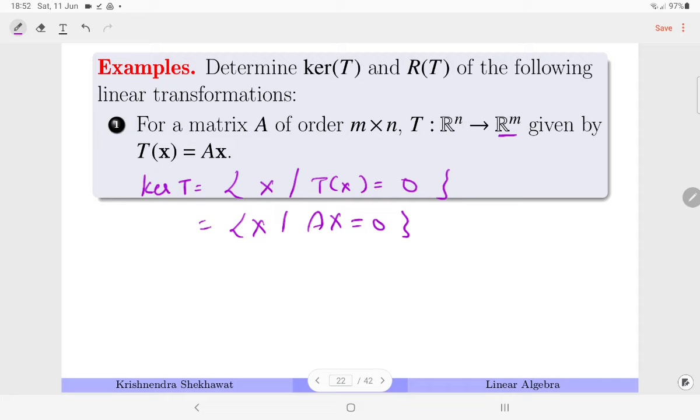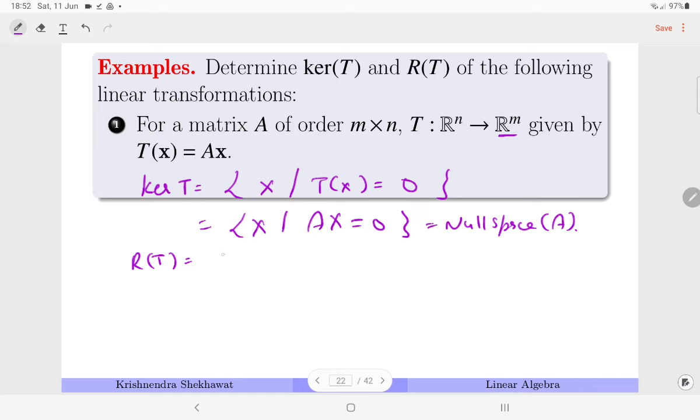Now, if you relate the concept of the column space, row space and null space, then this is the definition of the null space of A. Which means that null space was associated with matrix only, while the kernel T is the generalization of the concept of the null space.